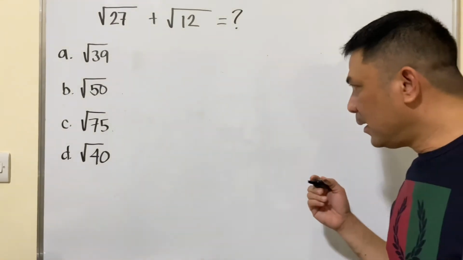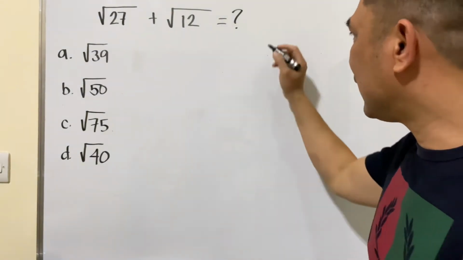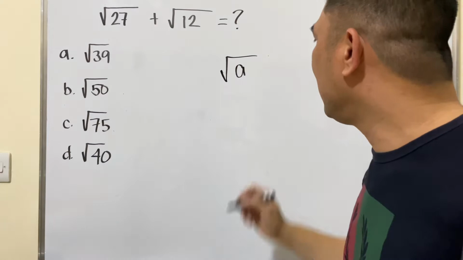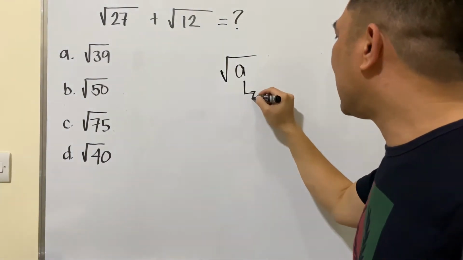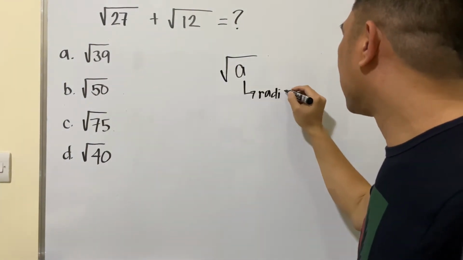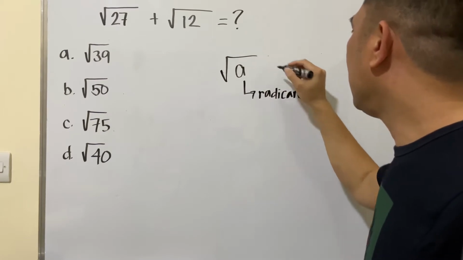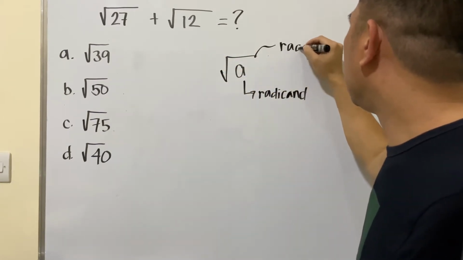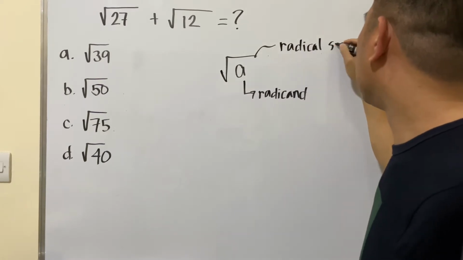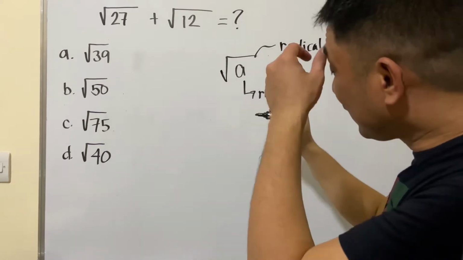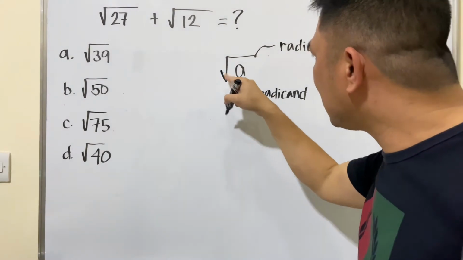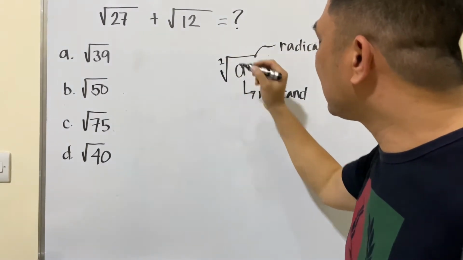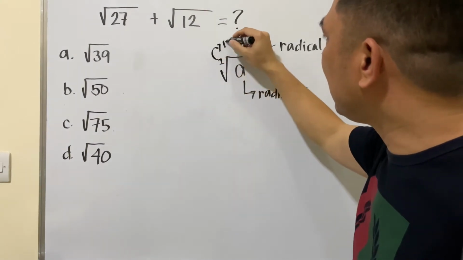If you have a radical, say the square root of a, then a here will be our radicand, and this will be our radical sign. Here there is an imaginary 2, since this is the square root of a, so this will be the index.